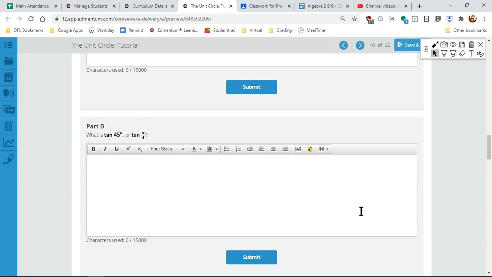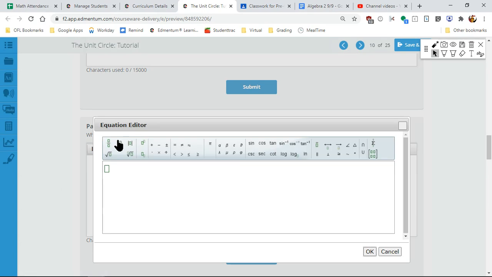What is tangent? This one we actually have to do work, unfortunately. I'm sorry. I know you guys were looking forward to not doing work, but this is square root of 2 over 2. So you're going to have to use the fraction button like 3 times here.